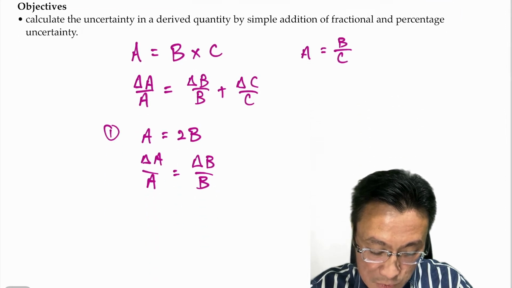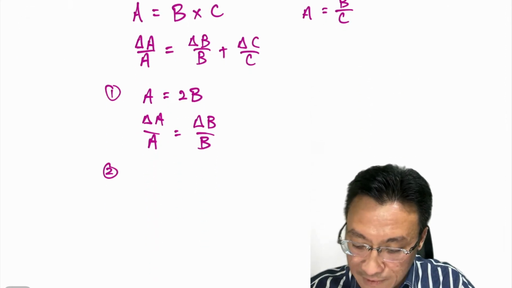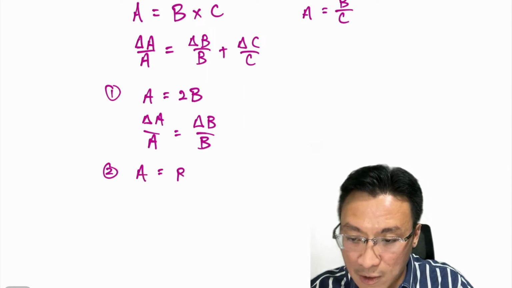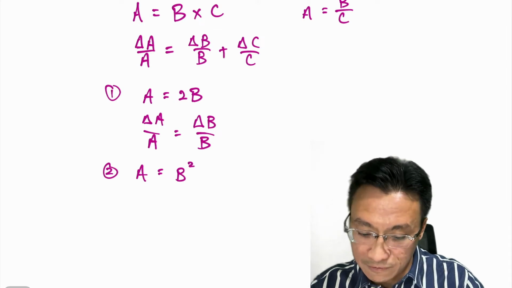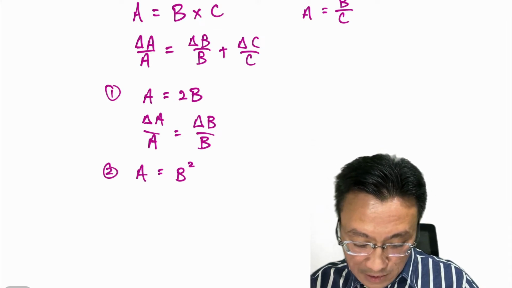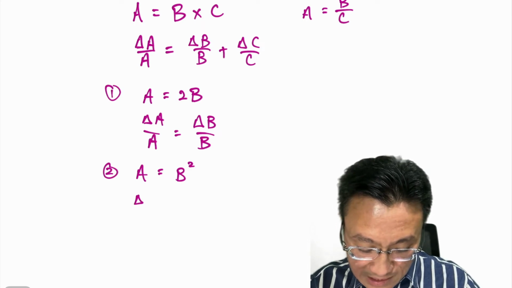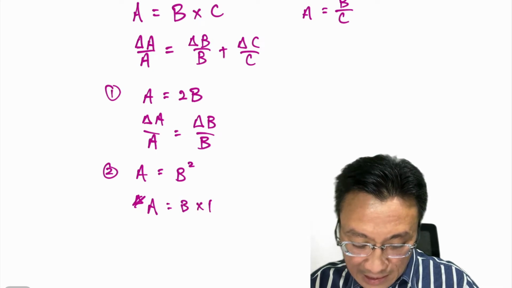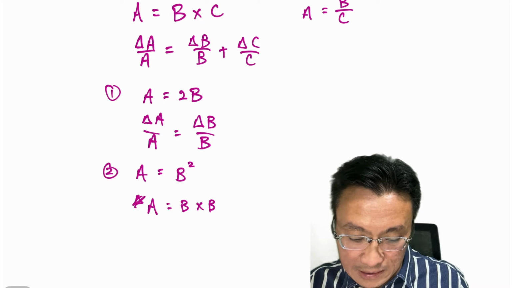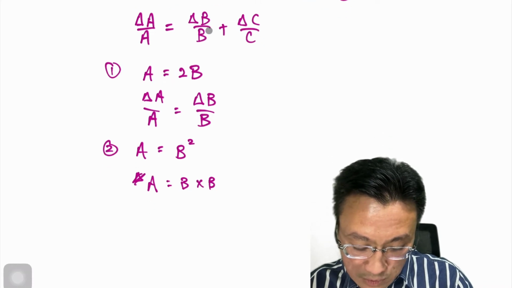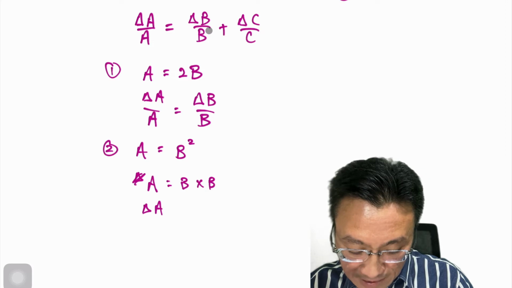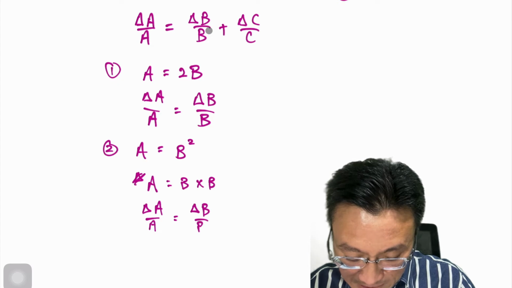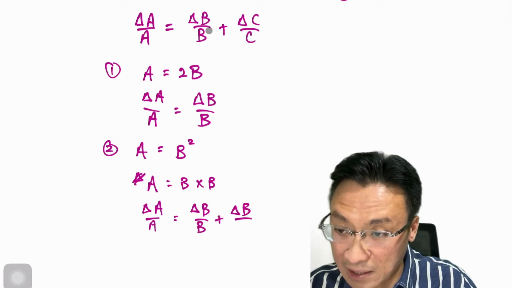Then in the second rule, if I have a relationship like A is equal to B squared, or it could be a power of any number, you can see this as A is equal to B times B. And using the same idea above, I could write the fractional uncertainty of A as the fractional uncertainty of B plus B again.